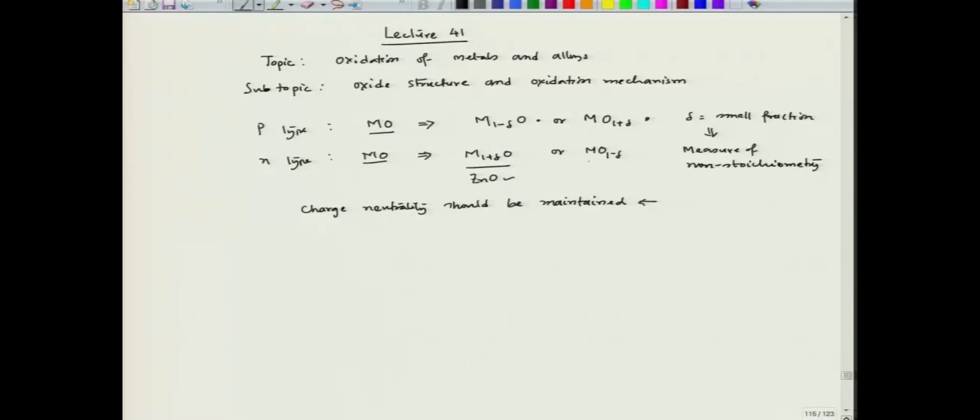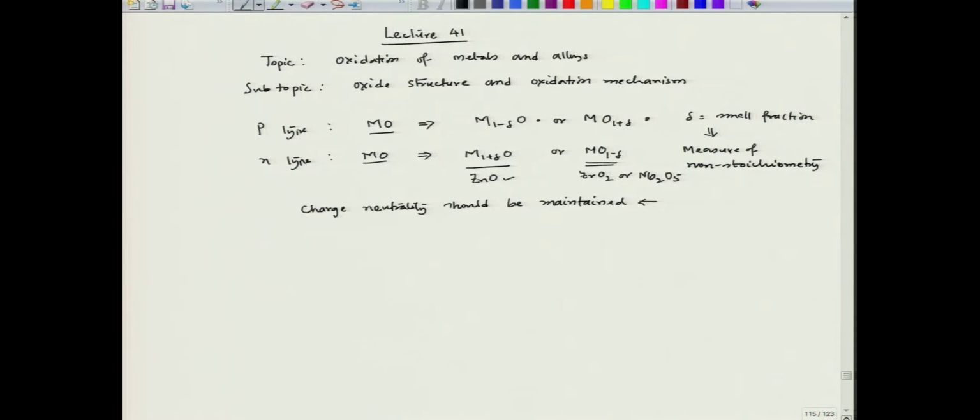Now we will first try to understand the two N type cases. One example for the other case could be zirconium oxide or niobium oxide, which are oxygen deficient oxides and also N type.